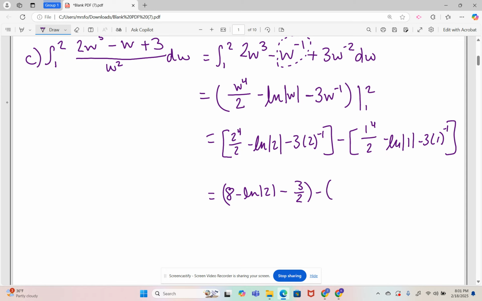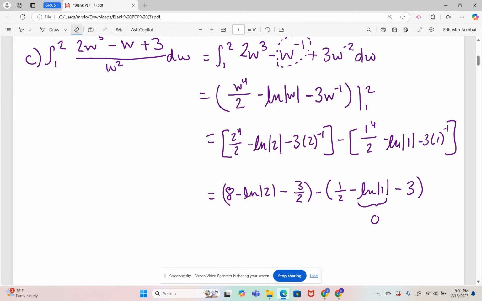minus this first term in the second is just 1/2 minus natural log 1 minus 3. Now, natural log of 1 is 0.